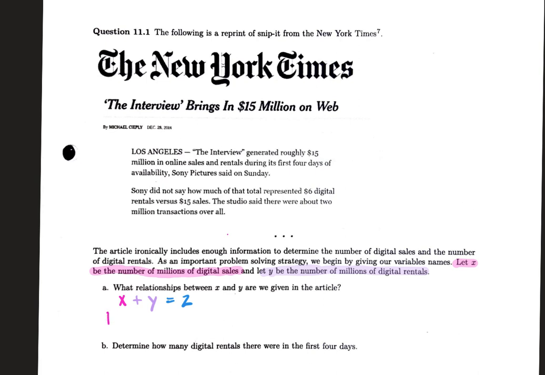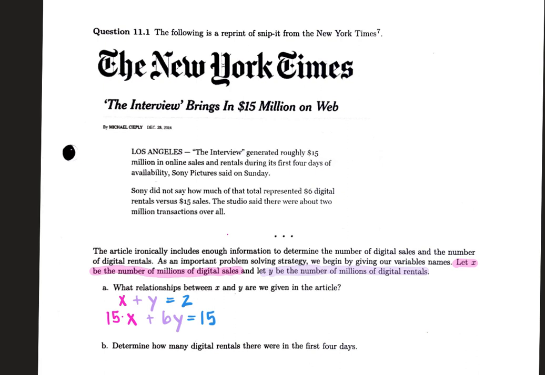So we have 15 times X as the amount of money we earn from our digital sales. And then we have our digital rentals, which is $6. So we have 6Y, and that is going to be equal to 15 million. Okay, so those are the two relationships that we can find with that information.